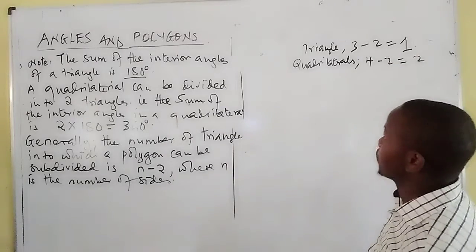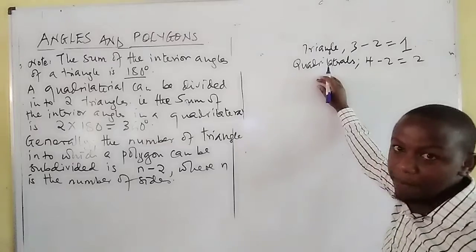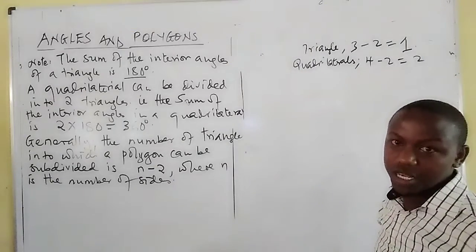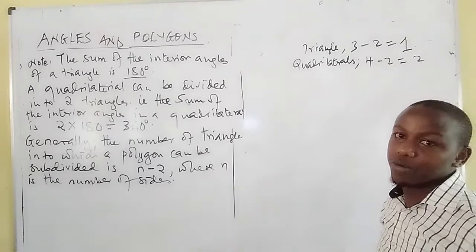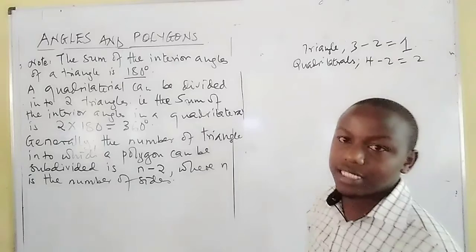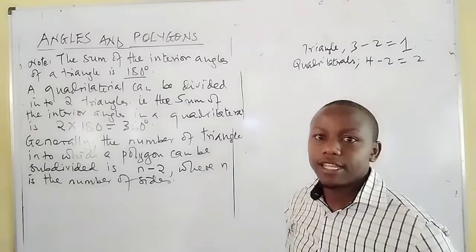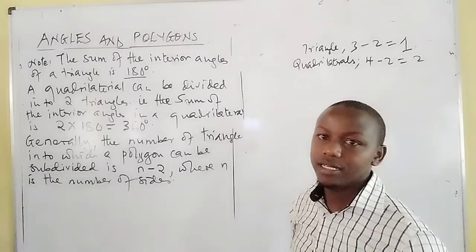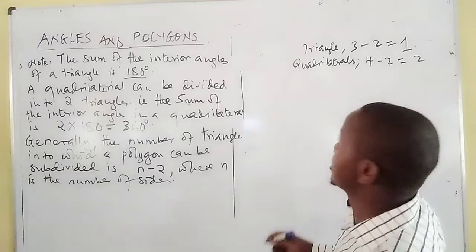Therefore, a 5-sided pentagon, take 5 minus 2, we get 3 triangles. Then 3 multiplied by 180 will give us the total sum of the interior angles in that polygon.